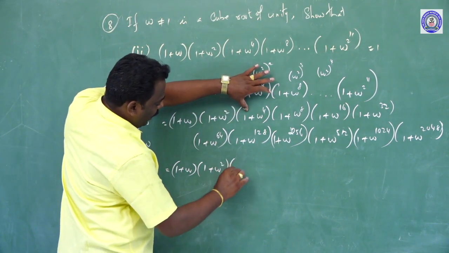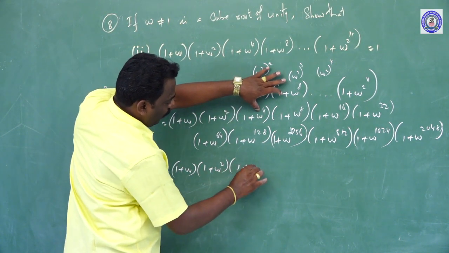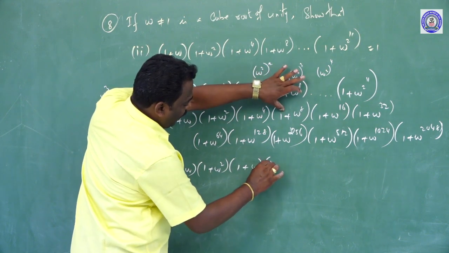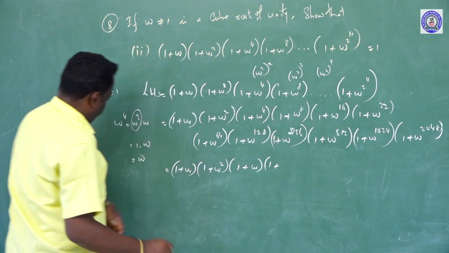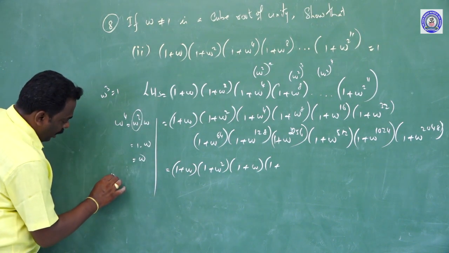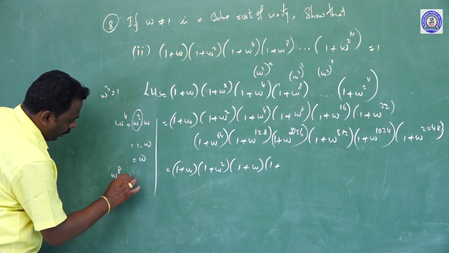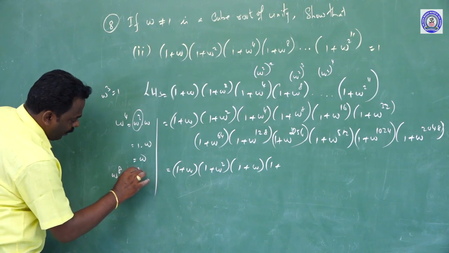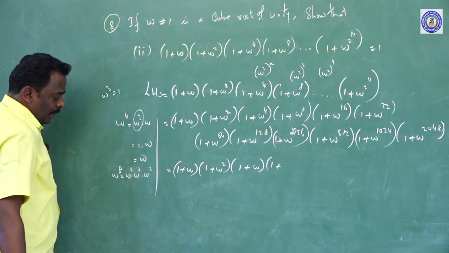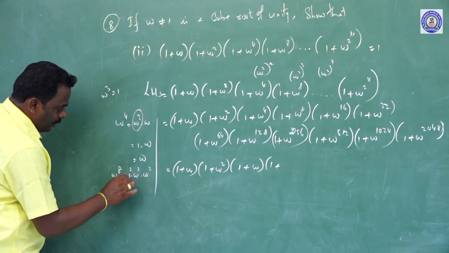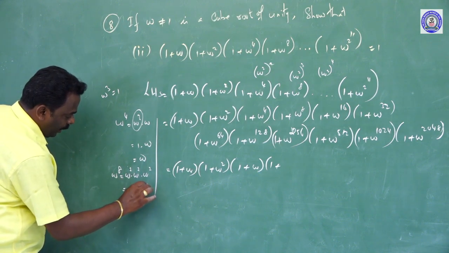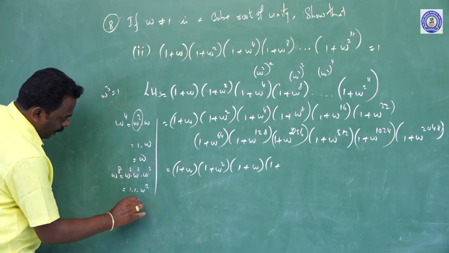Therefore (1 + ω^4) equals ω into (1 + ω^8). Here ω^8 equals ω^3 into ω^3 into ω^2, and ω^3 is 1. Therefore 1 into ω^2 equals ω^2.